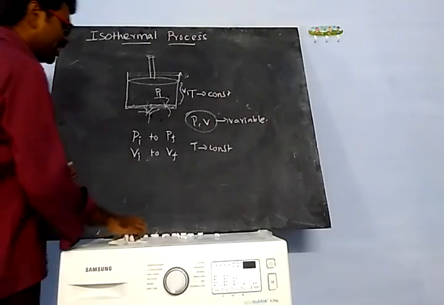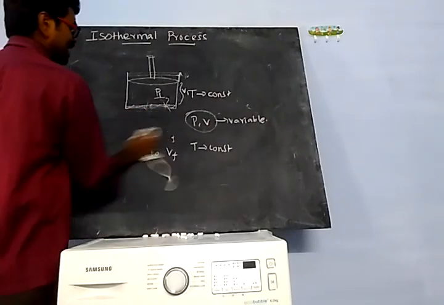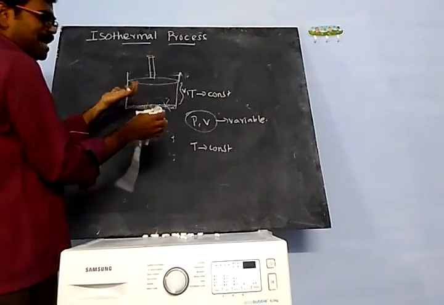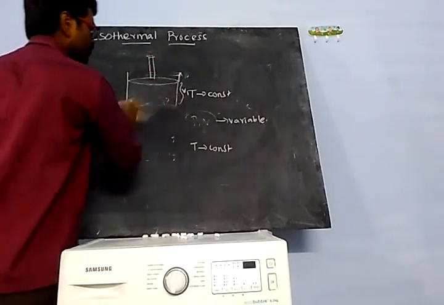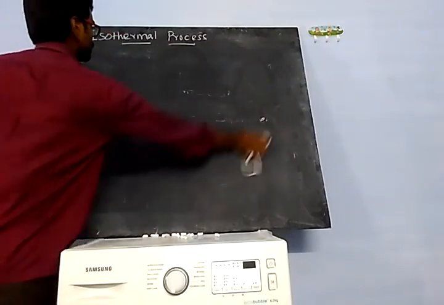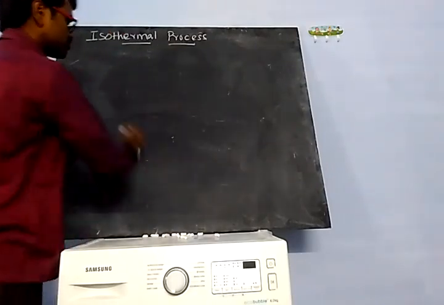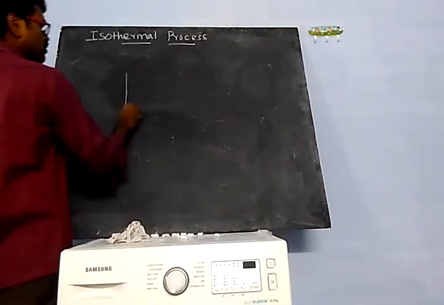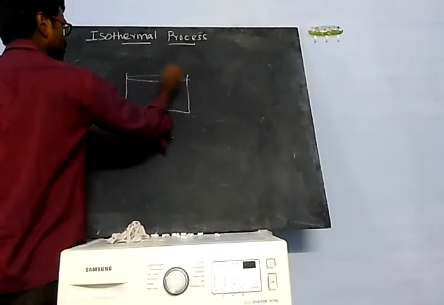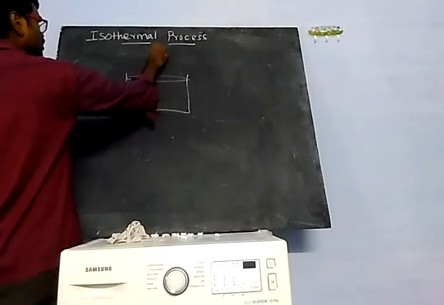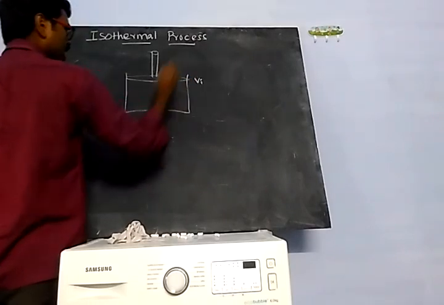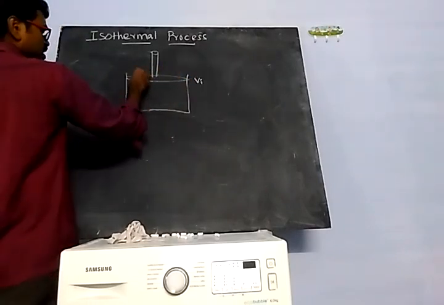Now next I am going to compress the piston. The earlier one was expansion. Now I compress the piston. This is the initial volume Vi, and compressed means downward.